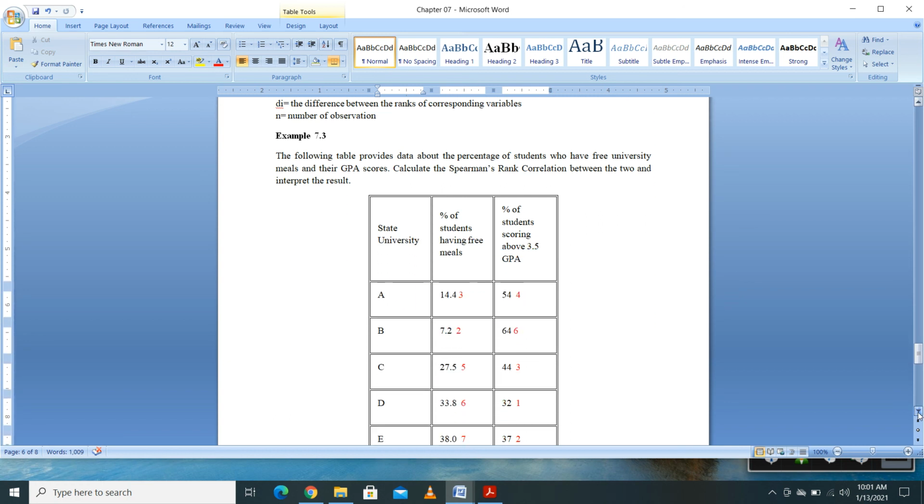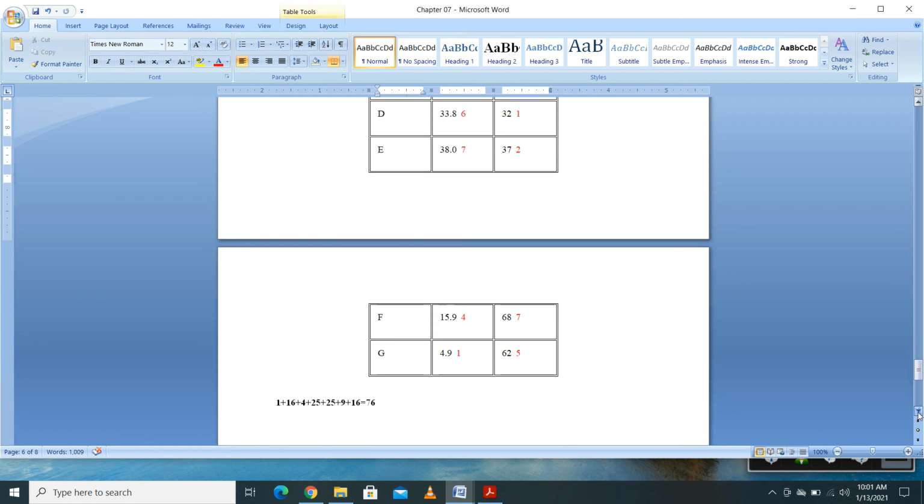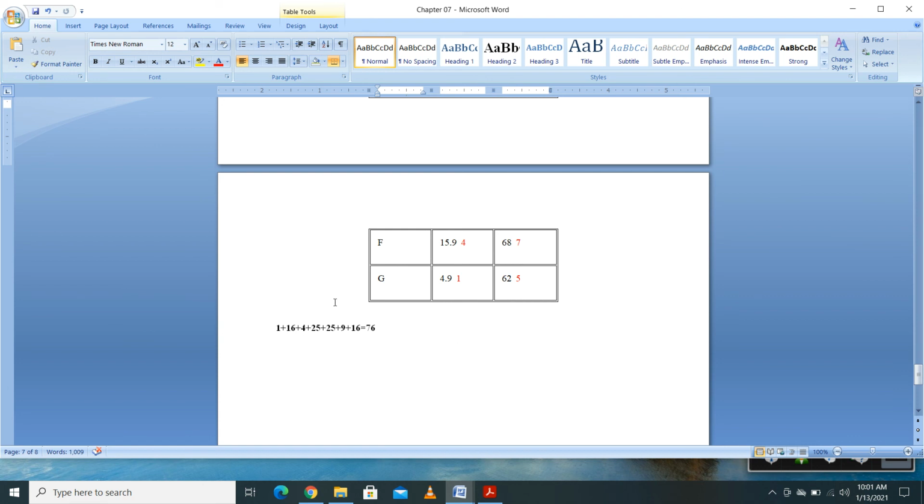How are you going to apply this? Now when you take the total of the squared differences, so here we have the total, right? And the total is 76.